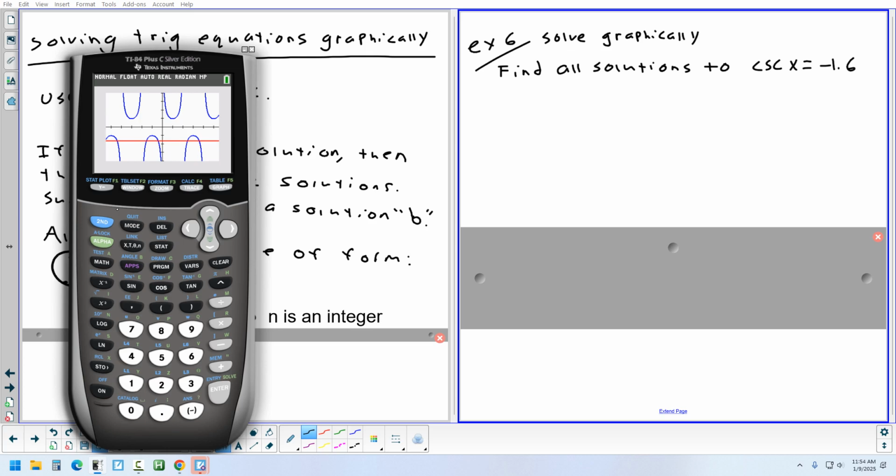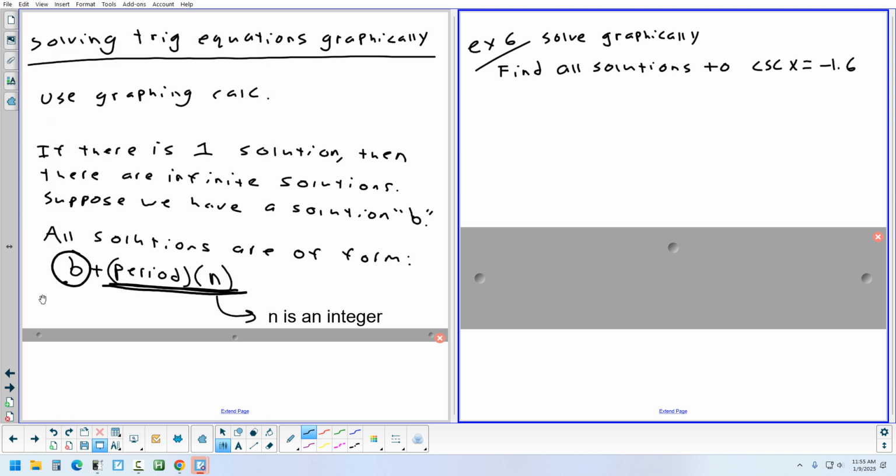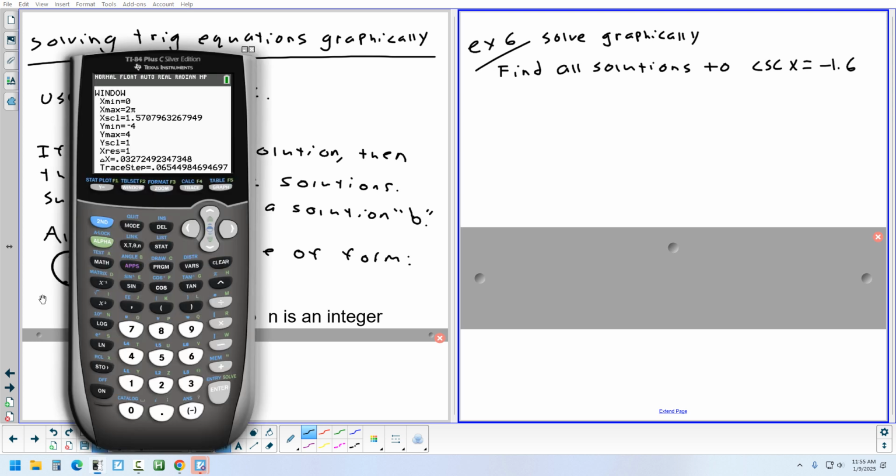What's the period of cosecant? 2 pi. Then let's not be zoomed out so far. Let's set our window so we're zoomed in to exactly 1 cycle, because that's all we need to do. Find all the solutions in 1 cycle. If you're zoomed out and you're looking at 3 cycles, you're going to get confused. So zoom in to 1 cycle.